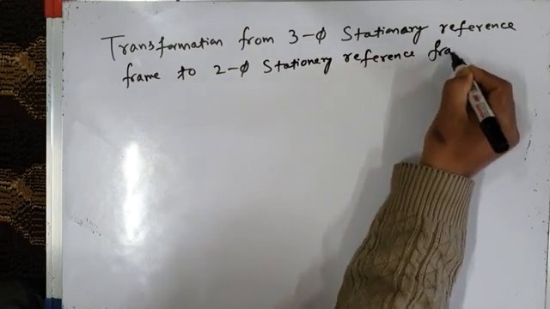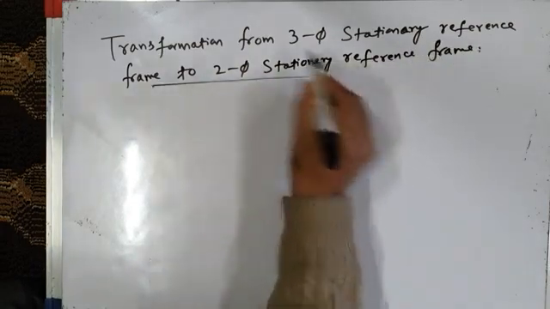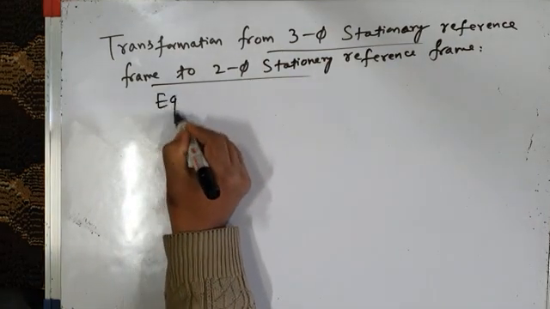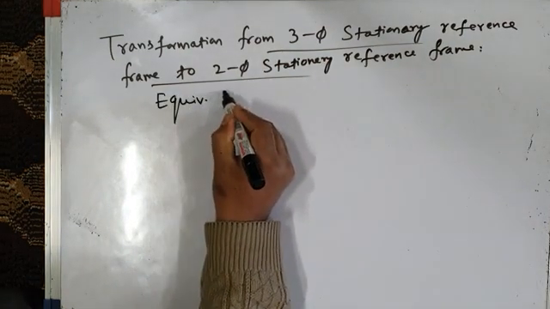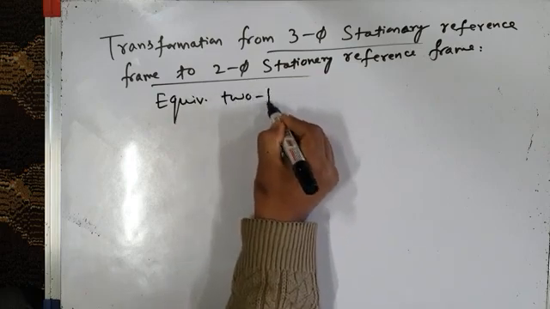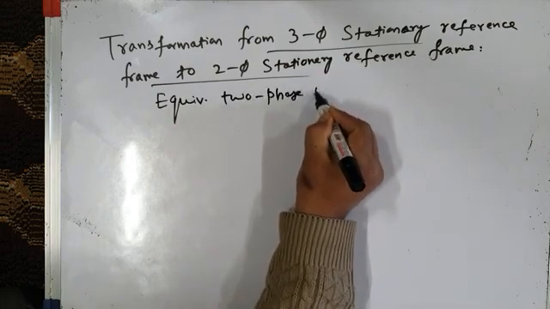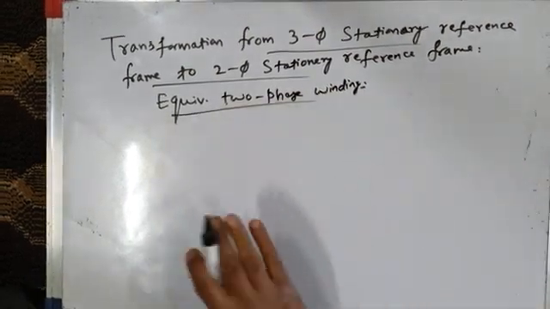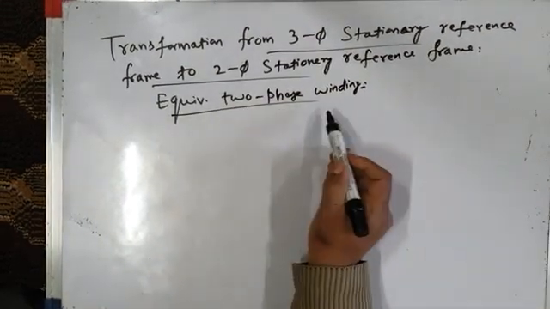For ease of computations, instead of having a three-phase stationary reference frame, we can work in a two-phase stationary reference frame, or in other words, we can now consider equivalent two-phase windings. Originally we have a three-phase winding, and now we can transform that three-phase winding into an equivalent two-phase winding.